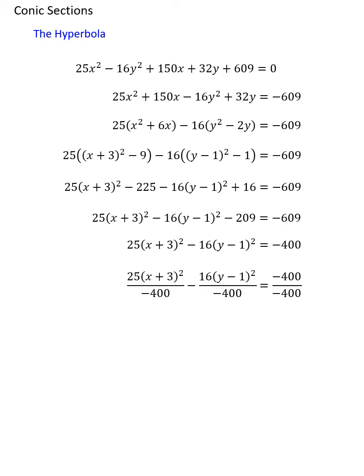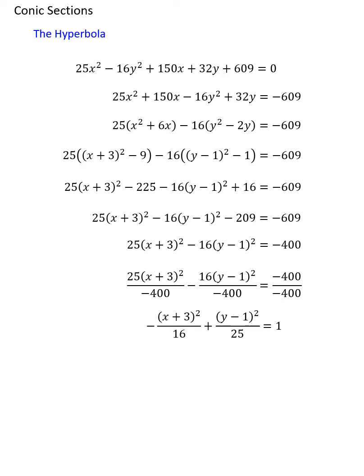To make that term a 1, I divided the entire equation by negative 400, thus not only giving me the 1 on the right side that I want, but some simplified expressions on the left side. I didn't show the work here, but I did reduce the fraction 25/400 to 1/16 and 16/400 to 1/25.